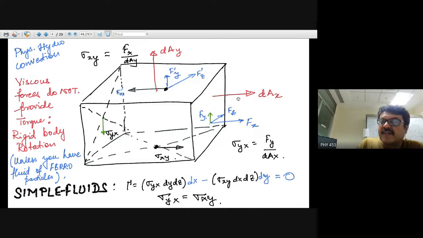So if this is the x direction, then this would be dx along the x direction, this is dy, and this would be dz.